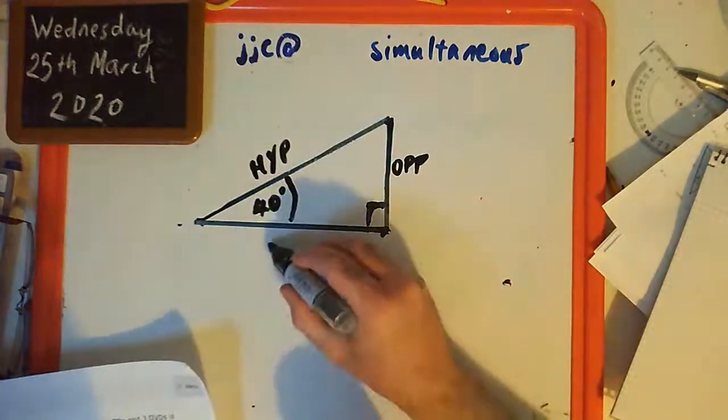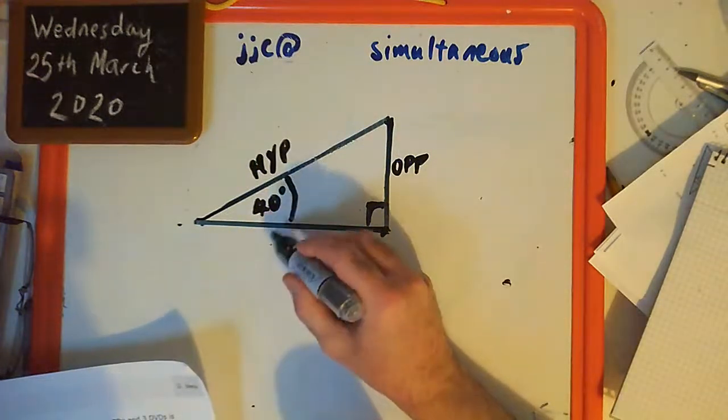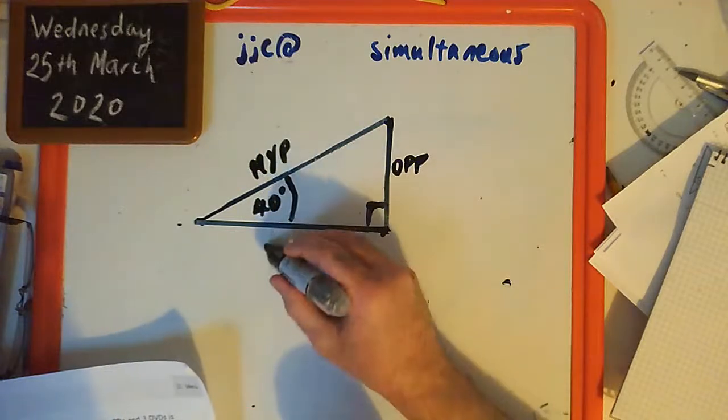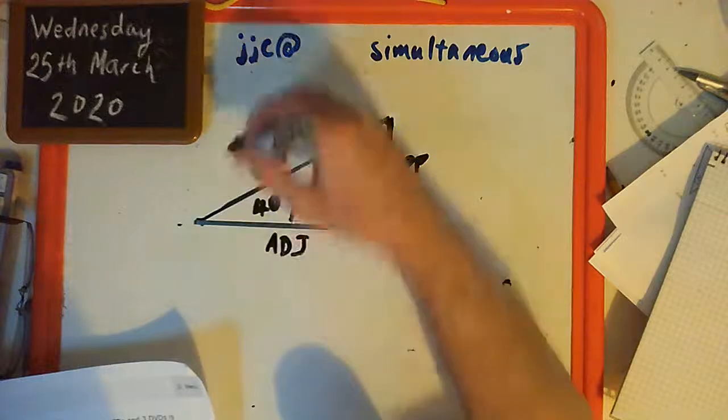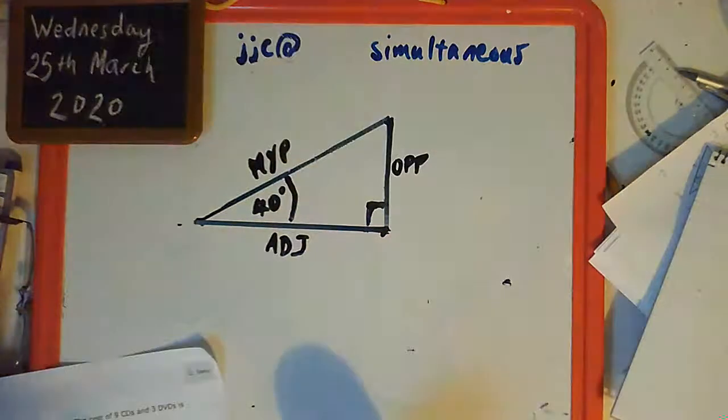And then the other side, it's next to the 40. Another word for next to is adjacent. So it's adjacent to the 40, but it isn't the longest one. So hypotenuse, adjacent, and opposite.